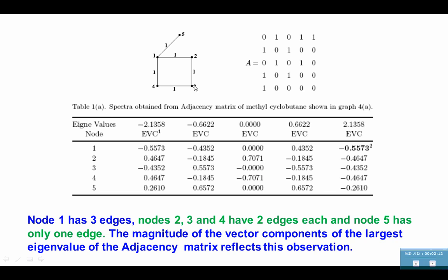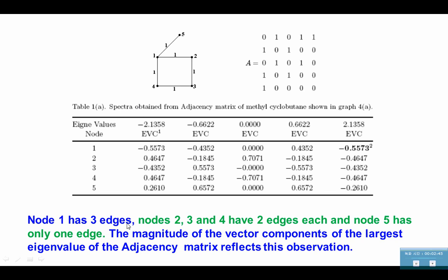These are examples that I drew from recent papers in chemistry. A spectra obtained from the adjacency matrix of methyl cyclobutane is shown in the graph here, and this is the adjacency matrix, and this spectra means the eigenvalues.